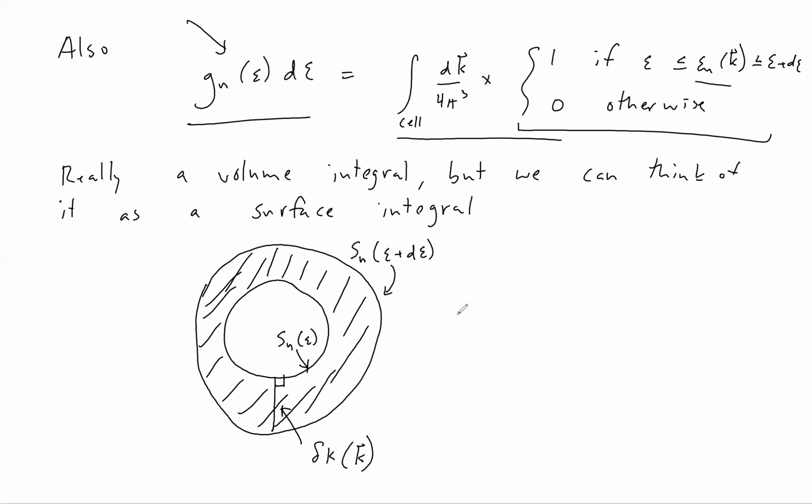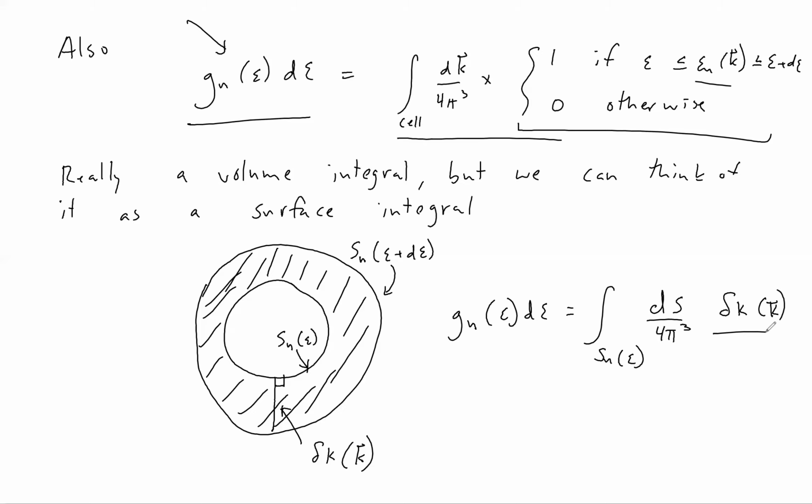So let's say the following, that Gn of E dE, the total number of states within dE of E, is equal to the surface integral now of delta k of k. So this is a two-dimensional integral in k space. When we're multiplying it by a length in k space, this gives us a volume integral in k space.